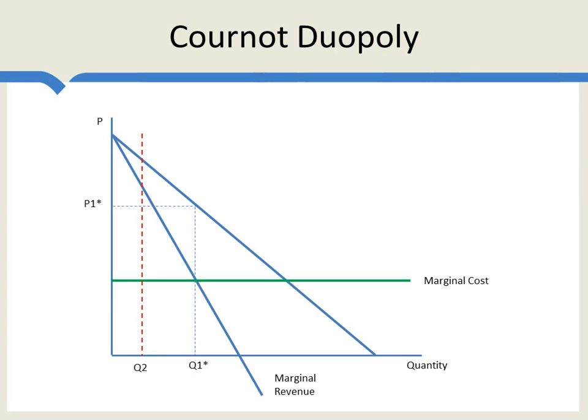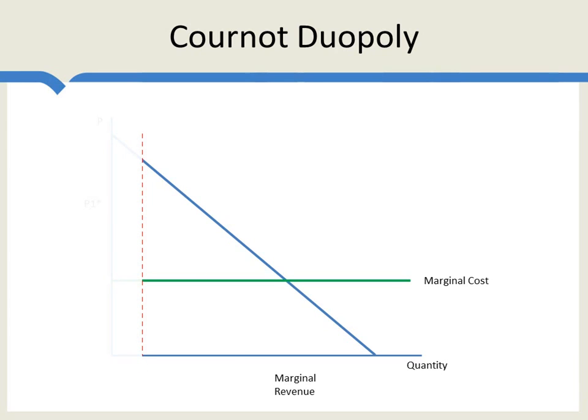Well, to solve for this, we can think about what's going on here as Q2 units of output have simply been subtracted from the market, have simply disappeared. Let's imagine that these Q2 units were never there to begin with. Well, then we would have actually a new demand curve.